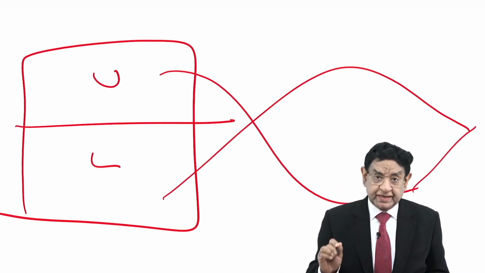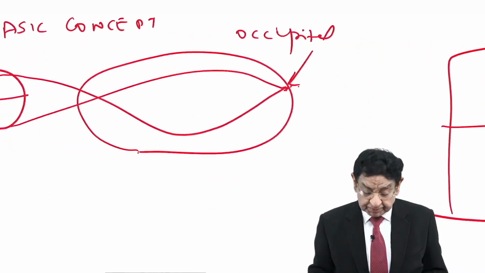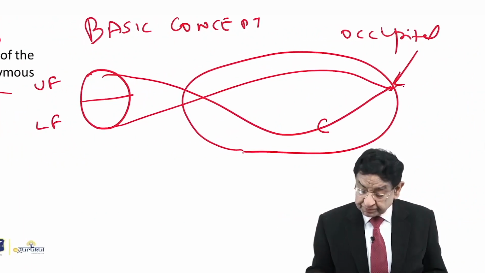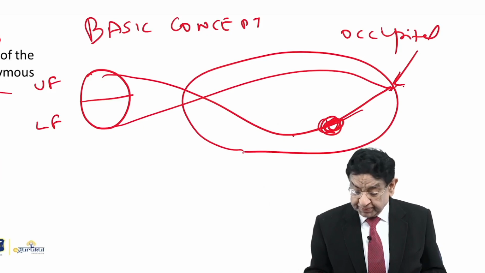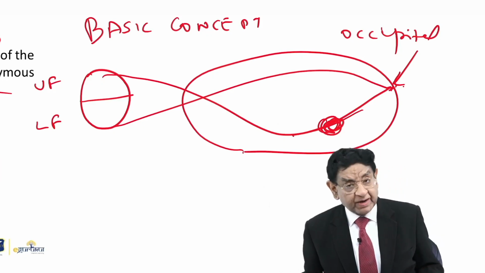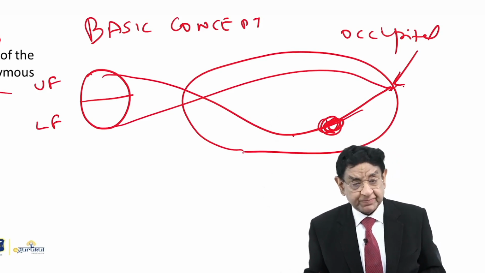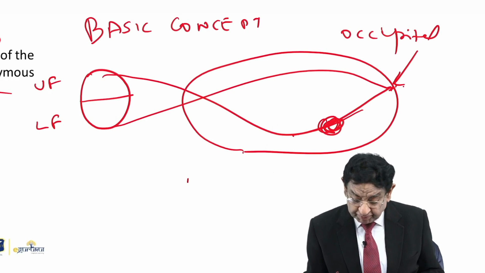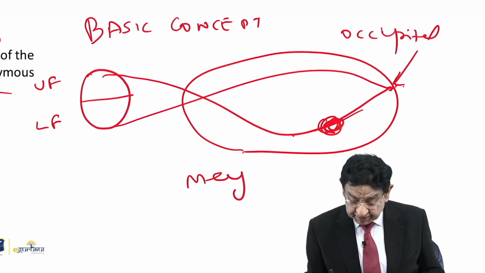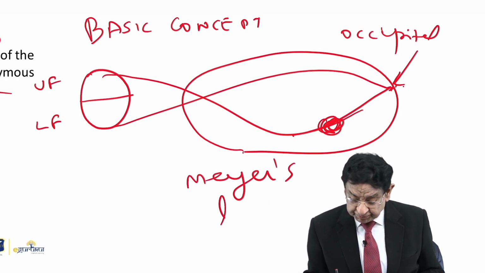So obviously, if the patient has a problem in the temporal lobe, a tumor, it is going to compress the fibers of the radiation which are carrying the upper field. This lower fiber loop is called Meyer's loop.